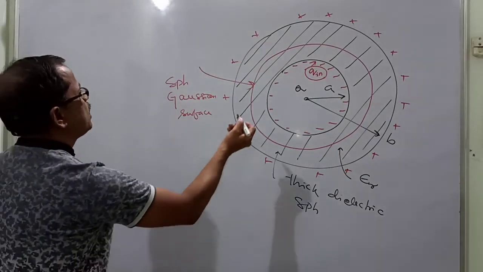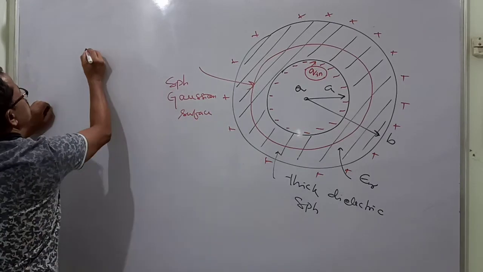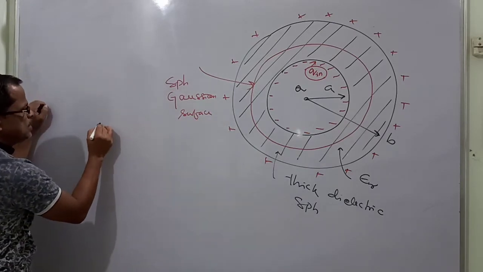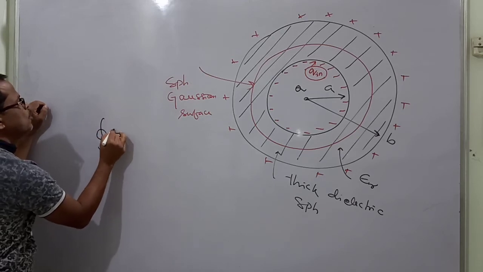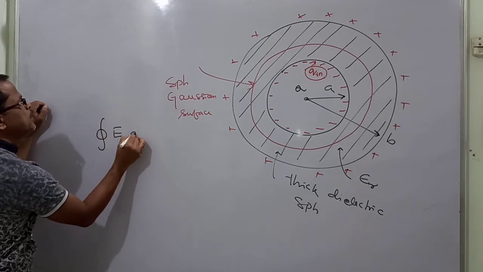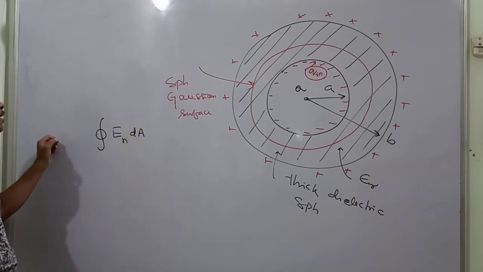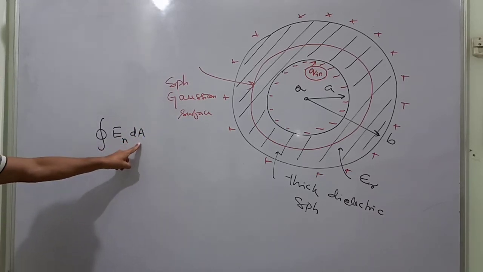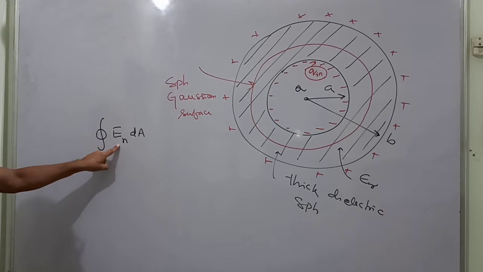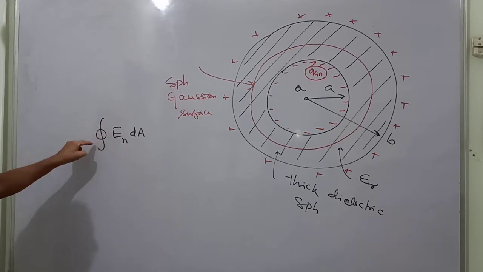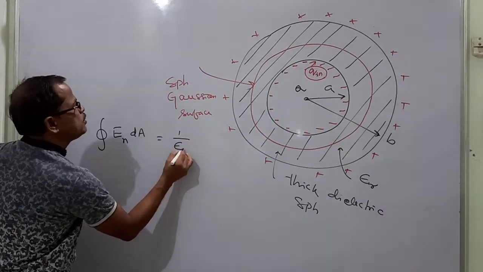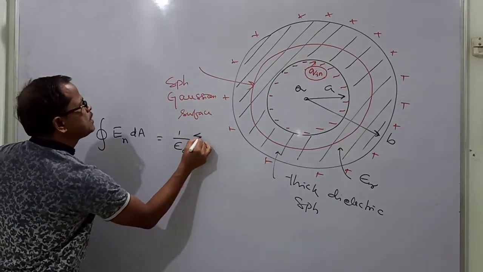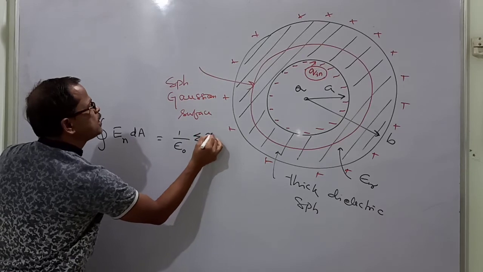So what is Gauss law? Gauss law states that the surface integral of the normal component of the electric field over a closed surface is equal to 1 by epsilon 0 times the total charge present inside the Gaussian surface.